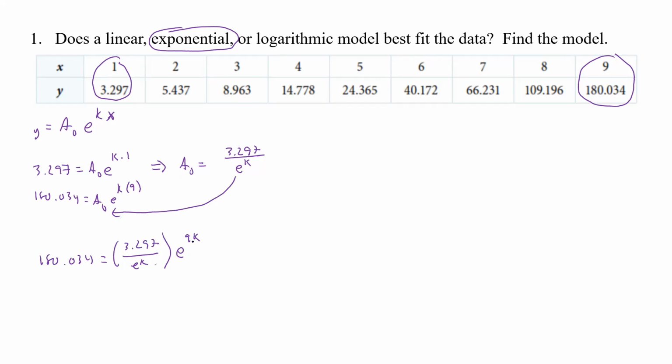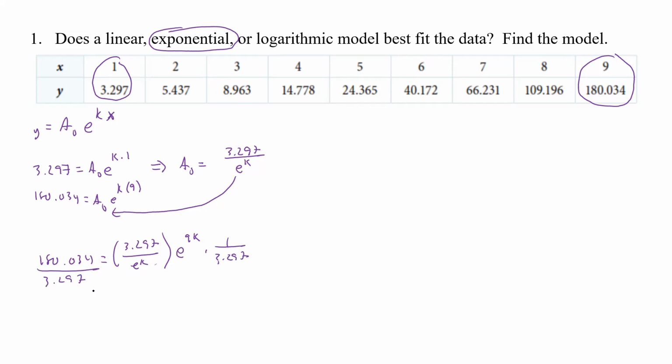Now, we have this e to the k and e to the 9k and then 3.297. So let's get everything but the e values to the other side. How do we do that? Well, I'm going to multiply by 1 over 3.297 here, which means I'm going to divide by it here.